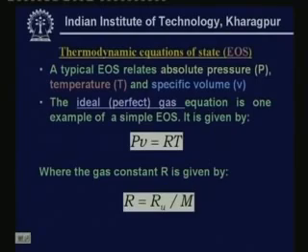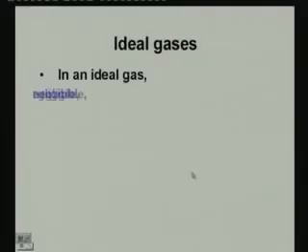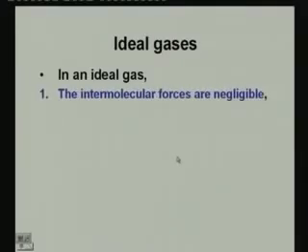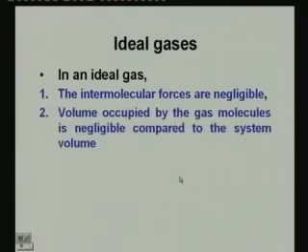Let me just repeat what is an ideal gas. I am sure all of you know that a gas is said to be an ideal gas if the intermolecular forces are negligible, and also the volume occupied by the gas molecules is negligible compared to the system volume. Under these two assumptions, we can call a gas an ideal gas.